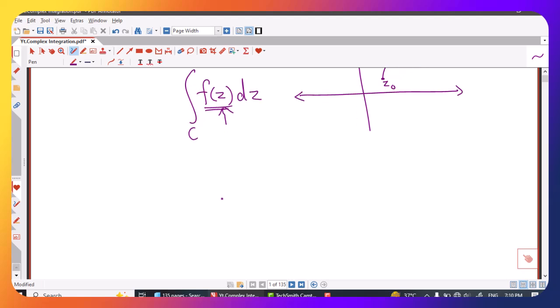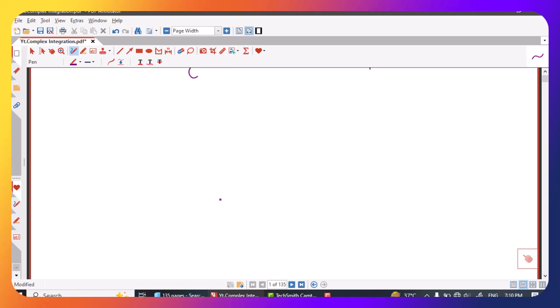Before going to the meaning of contour, we just understand the meaning of curve C in the xy plane, with which we are already familiar. For example, suppose I have a straight line passing through the origin and I am considering this part of the straight line between these 2 points.